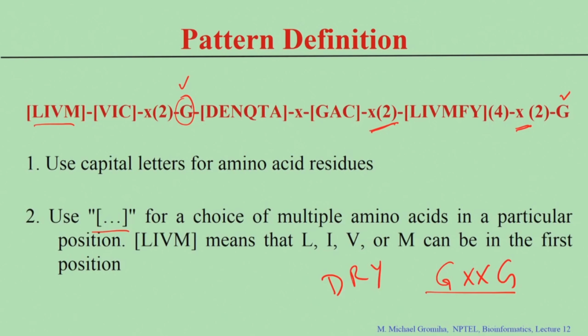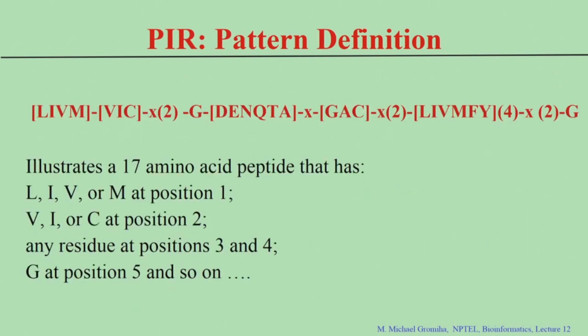If I show this one, how many amino acids are in this pattern? This is 1, 2, here 2, right, 2 plus 2 is 4, 5, 6, 7, 8, 10, 14, 16, 17, right, 17 amino acids in this pattern. So, how do we write a pattern in this case, if you take this one?